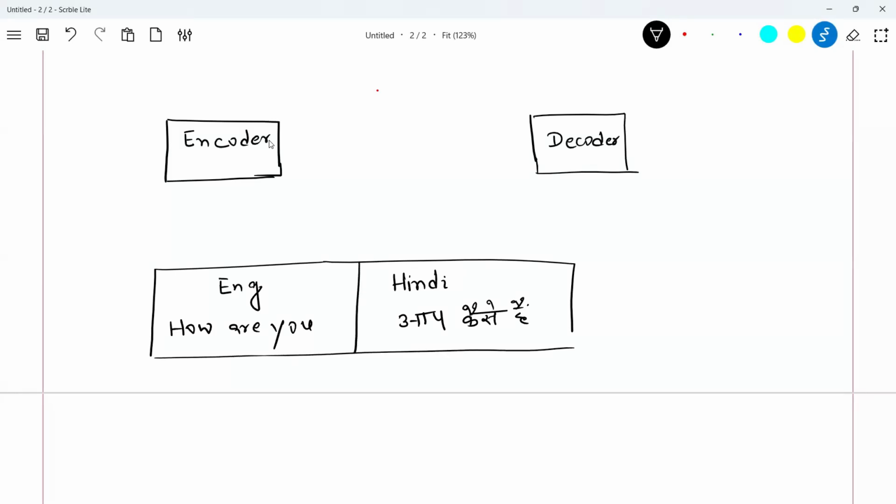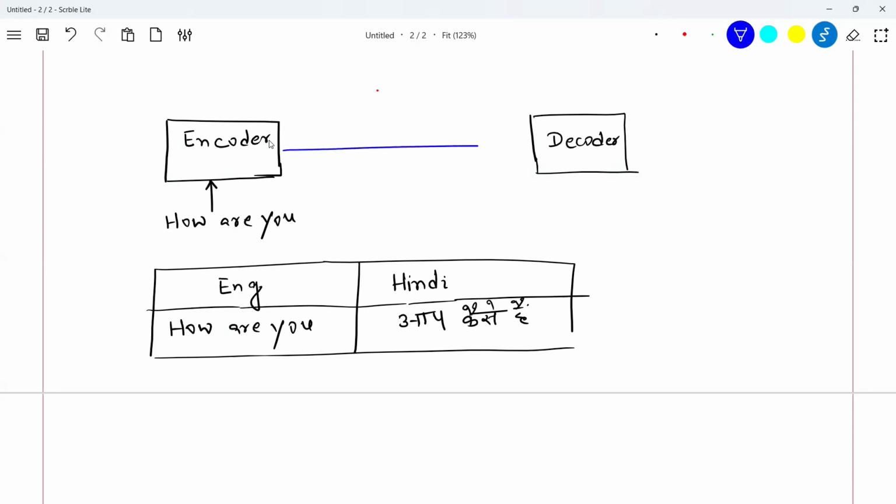Taking this task as an example, how the encoder decoder architecture will work is, you will pass your input here. What is your input? How are you? And what the encoder will do is, it will generate a context and send it to the decoder.